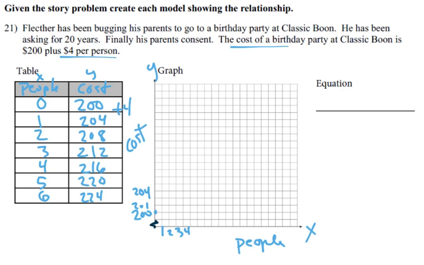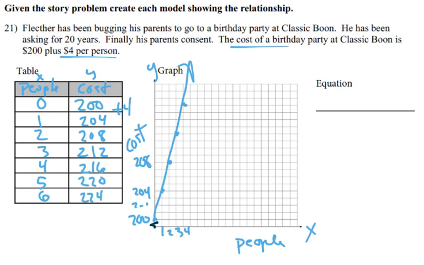So at 0 we have 200, at 1, 204, and then we go up to, actually, my 200 should be down one more, huh? About 200 right there. That'd be 208, 212, 16, and so on. So my graph would look something like that.